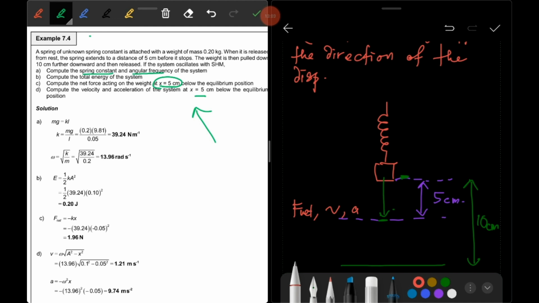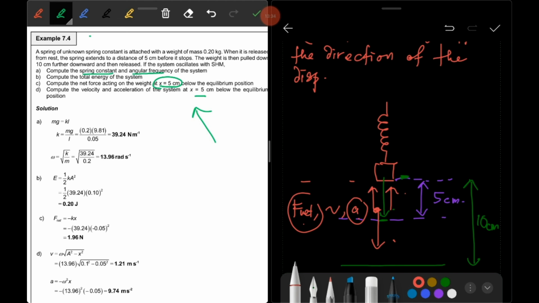So we got negative here, and here is also negative. That means both quantities, F net and the acceleration, the direction of force and acceleration is always opposite the direction of the displacement. So this is the direction of the displacement, downward, but the direction of F and a is upward. It's always opposite.